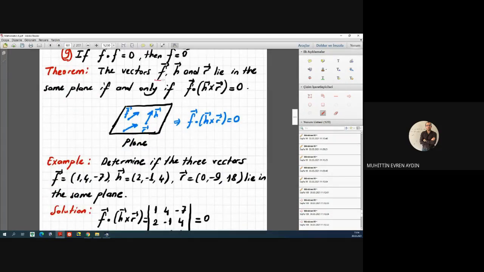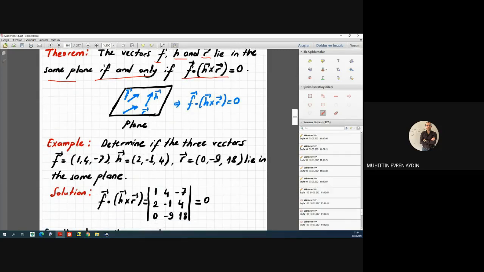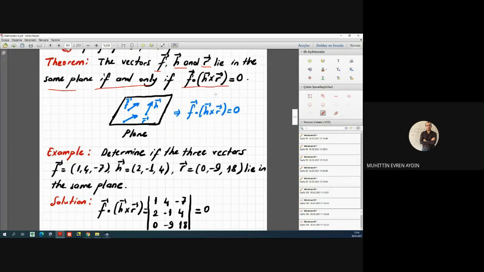The vectors f, h, and r lie in the same plane. This is the geometric property. If and only if this dot product is 0. As we emphasized before, h and r are two vectors, and if you take the cross product, then you obtain a normal to the plane.